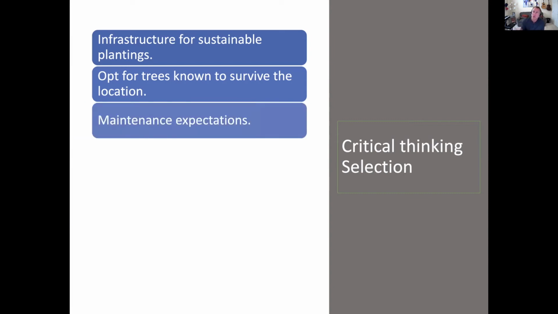Also, being realistic with maintenance expectations and addressing those right at the beginning of any planting project in any community. You know, the availability of funding for tree plantings is certainly important, but only one component. We need to make sure that we not only allocate money for the planting process, but also allocate funding for the establishment period as well.